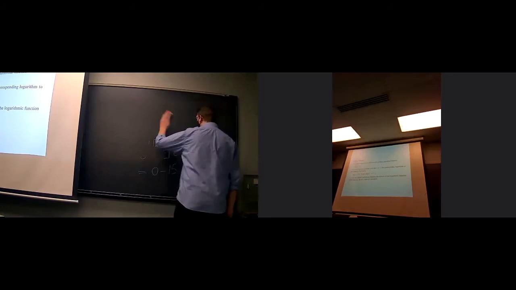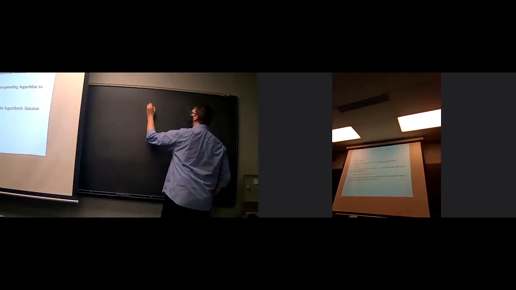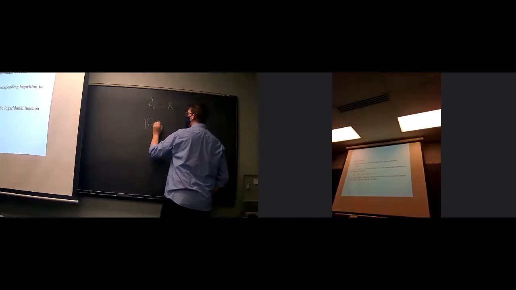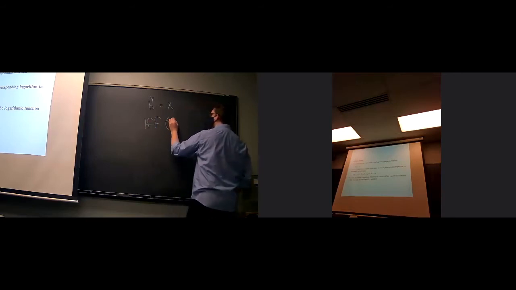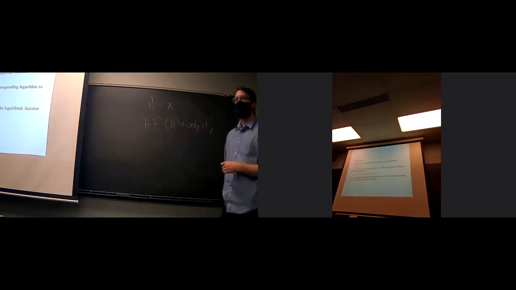And I've said in the past, in the last lecture, that b to the y is equal to x, if and only if, I'm going to use some math jargon, iff is mathematician for I'm lazy and don't want to write out if and only if, log base b of x is equal to y.